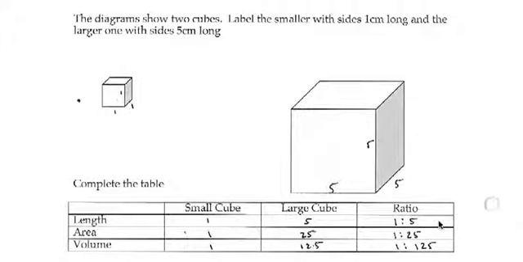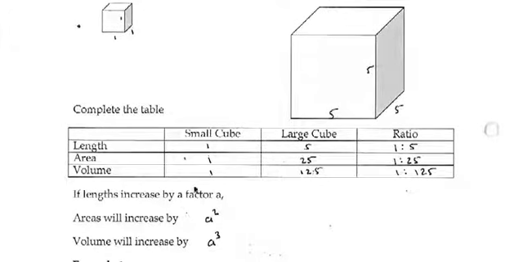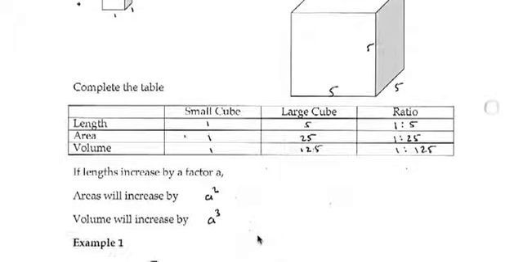If you think length might be centimetres, areas would be centimetres squared, volumes would be centimetres cubed. So whatever I do to the lengths, the square of that effect happens to the areas, and the cube of that effect happens to the volumes. So that's what I've summarised here. Whatever I times the lengths by, the areas will grow by the square of that, and the volumes will grow by the cube of that.